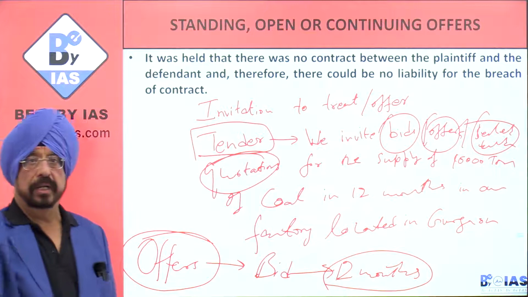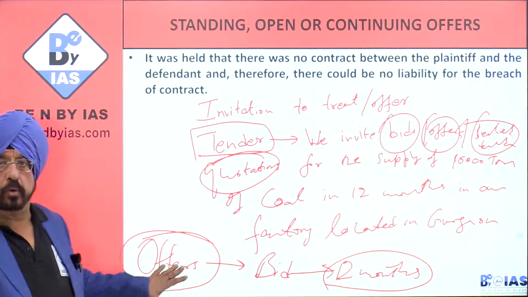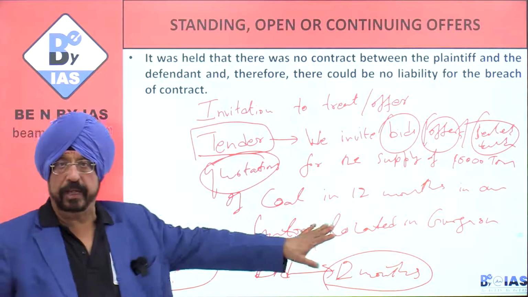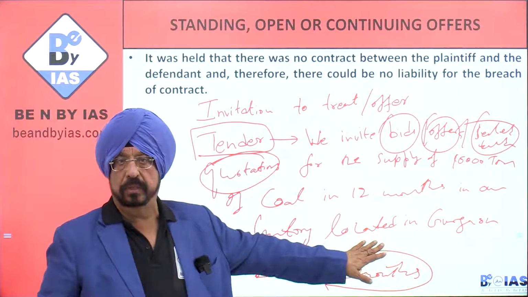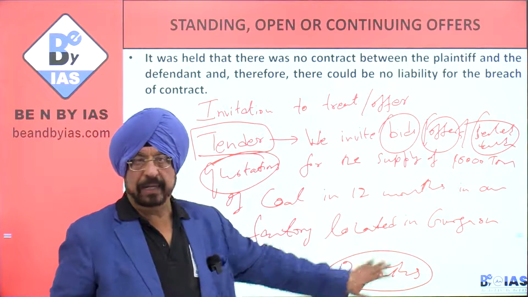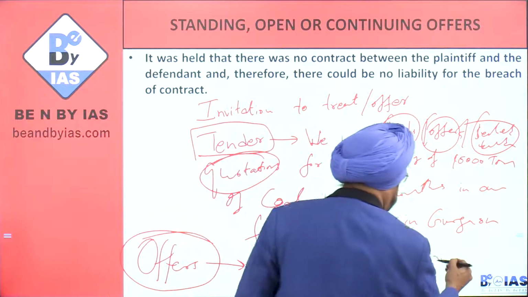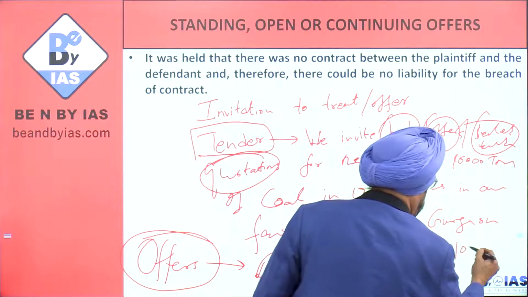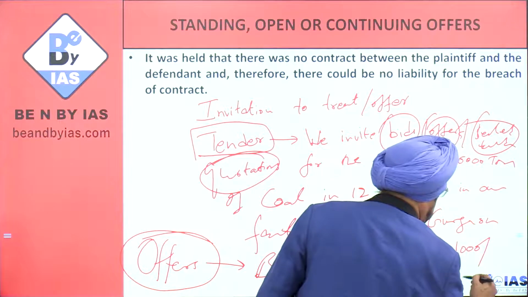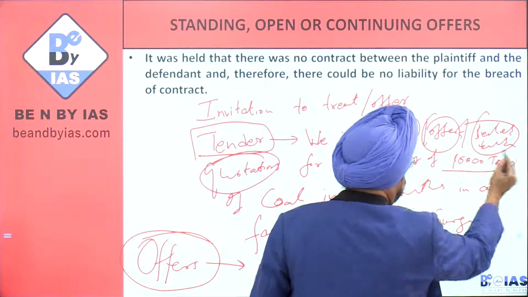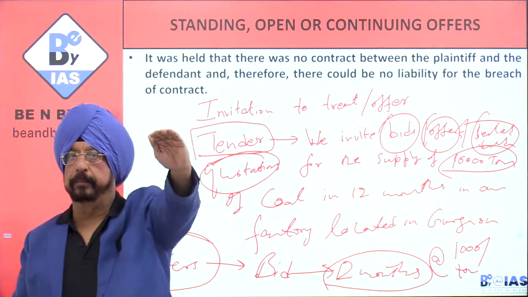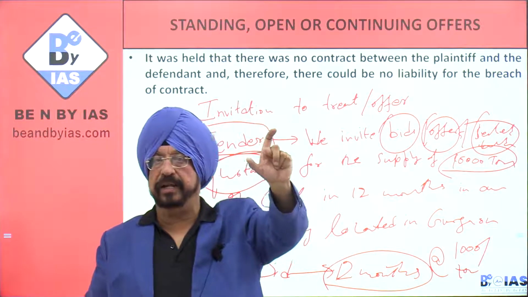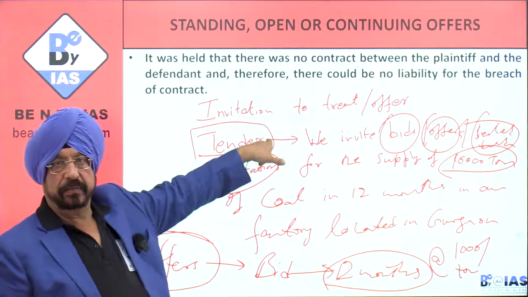That means this offer is open, continuing, standing for a period of 12 months at a price of 1,000 rupees per ton. 10,000 tons is the maximum quantity, a quantity which has been indicated in the invitation.